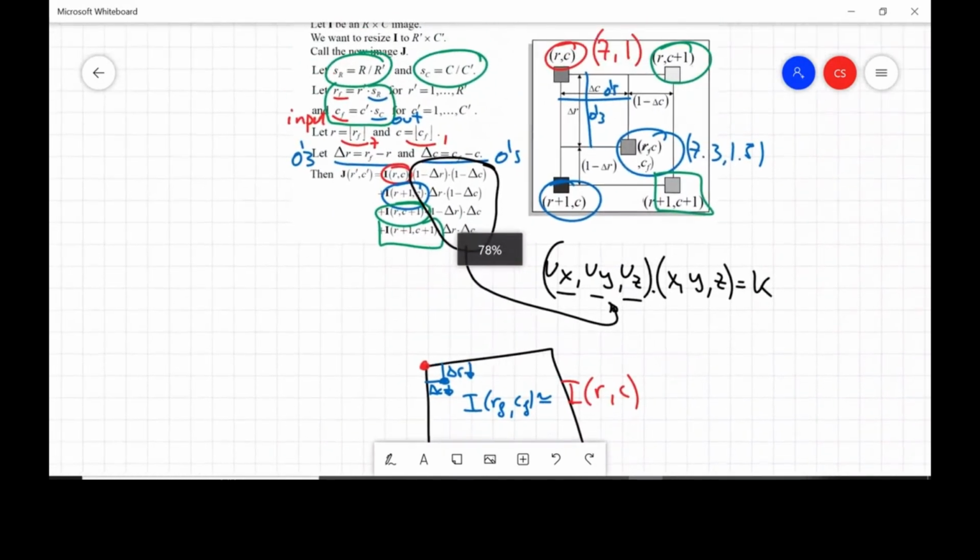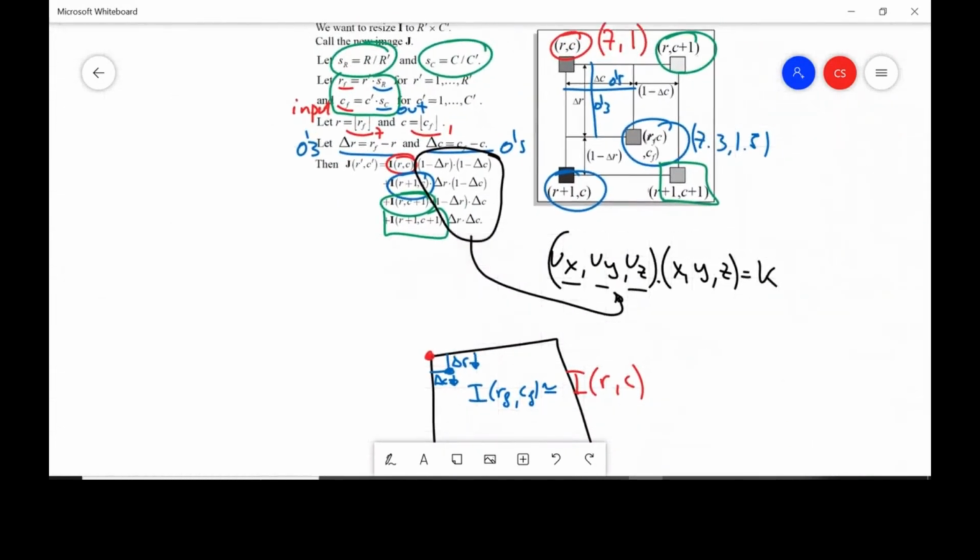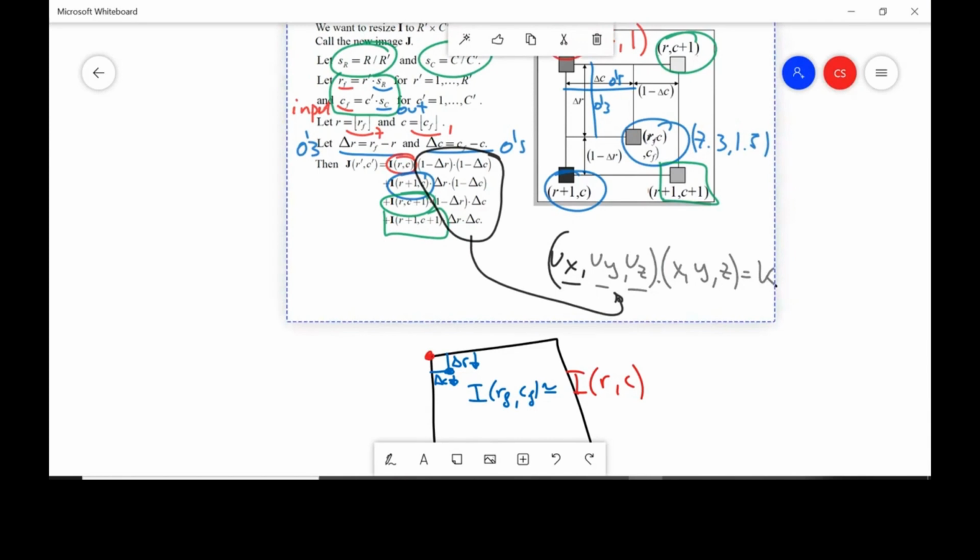So we go to the plane equation. If delta C, delta R is small, then this term is high because it is 1 minus delta R, 1 minus delta C. So I have a high number here, a high number there. What about this one? Delta R is small, so this product is almost 0. Delta C is small, so this product is almost 0.